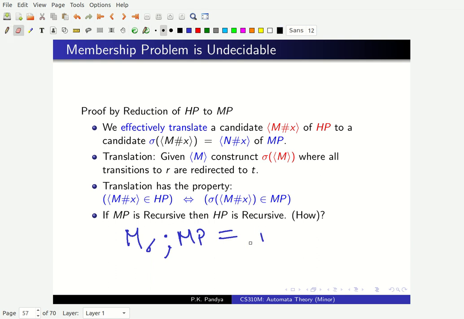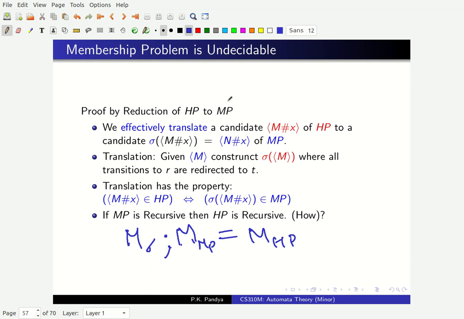Let me call it MMP, machine for MP. The machine for the membership problem will give me a machine for the halting problem. And that cannot exist because there is no total Turing machine which will solve HP. And the only thing I assumed was that there was a total Turing machine for MP. So that must be wrong. So I can now conclude that MP is also not recursive.